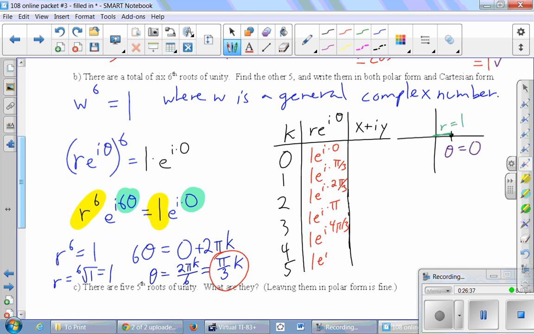And finally, 1e^(i·5π/3). If you went one more to k equals 6, you'd get 1e^(i·6π/3). But 6 pi over 3 is really just 2 pi, and going around 2 pi is the same as going around 0. So that's why we're back around to a copy of something we've seen before.